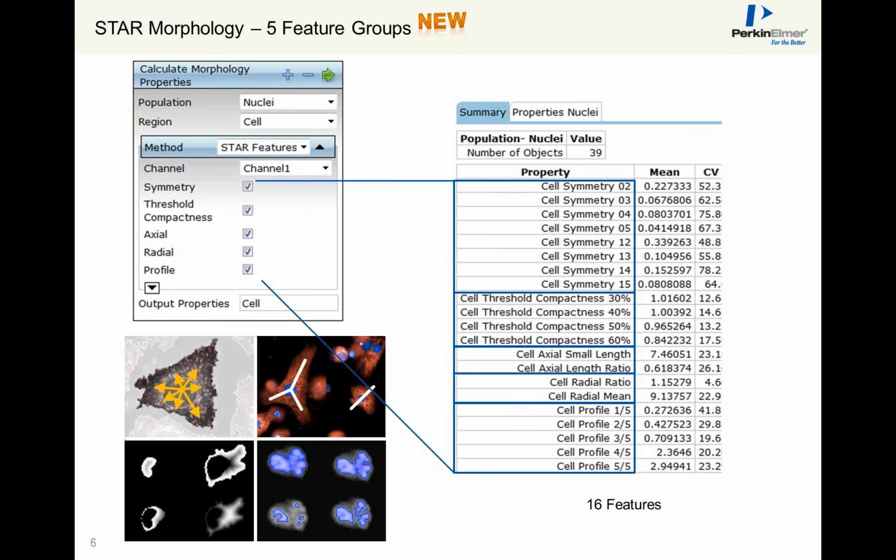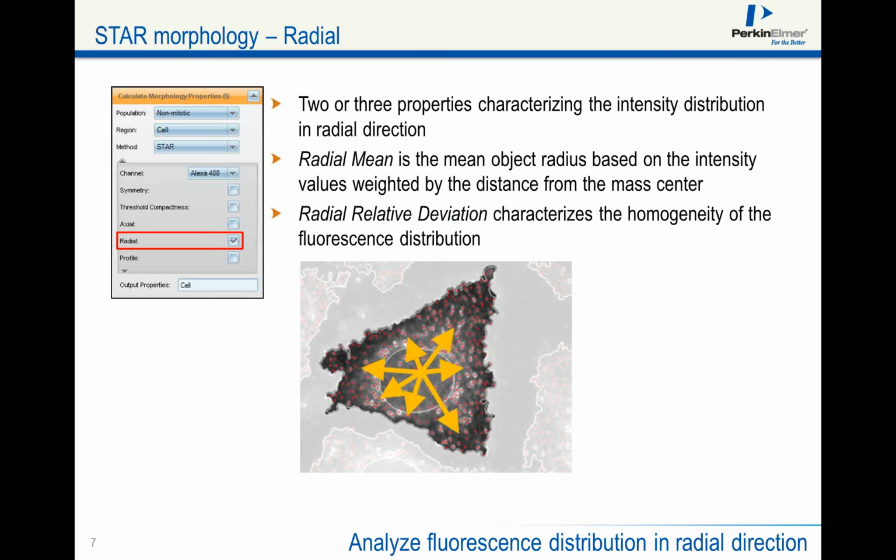The second set of features that our scientists from USAMRIID will be showing you today is called star morphology. These are new advanced morphology features that we added to our Columbus system, as well as our instruments, to measure advanced morphological features such as symmetry, threshold, compactness, axial, radial, and profile. I'm not going to go into detail on all of them, but maybe just a couple that Dr. Pegoraro will be using today.